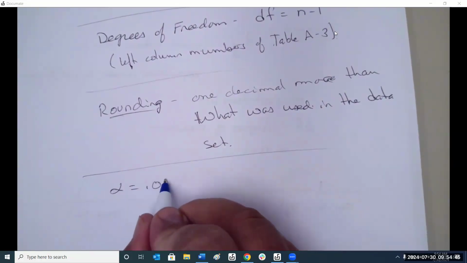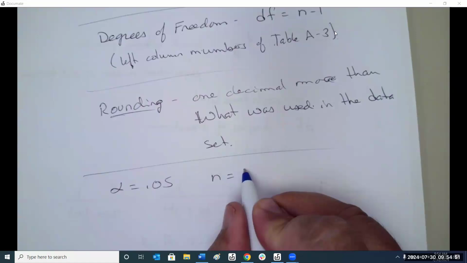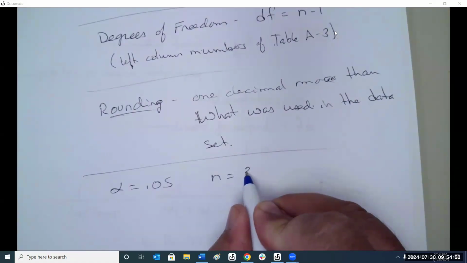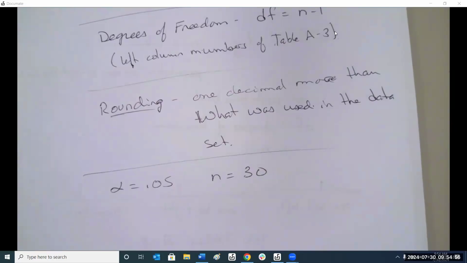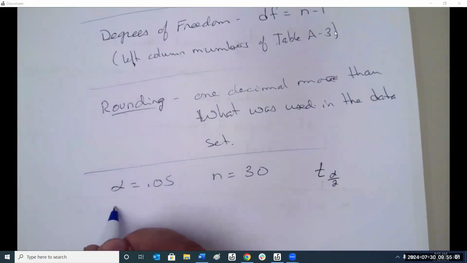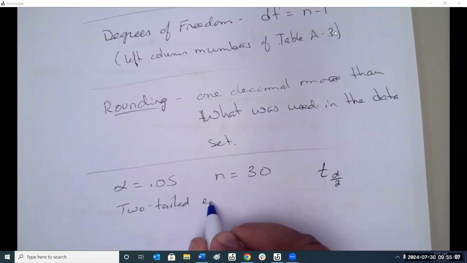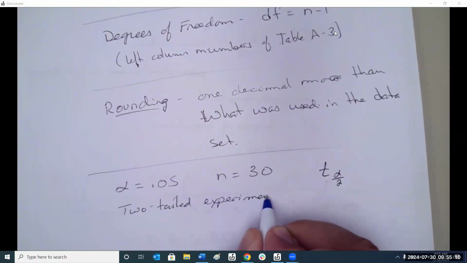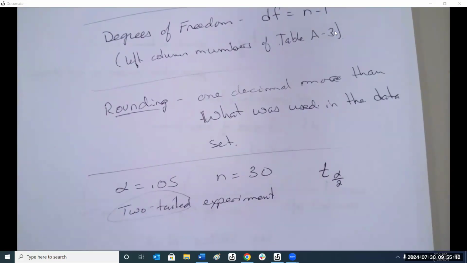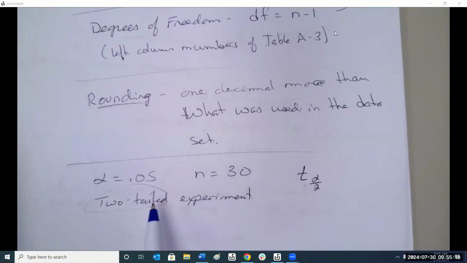Alpha equals 0.05 and n equals 30. We want to know what is our critical value. It's a two-tailed experiment. And to determine if it's one or two-tailed tests, I'll do that after this. So what we have to do here is go to two-tail, alpha is 0.05, and what's our degrees of freedom?